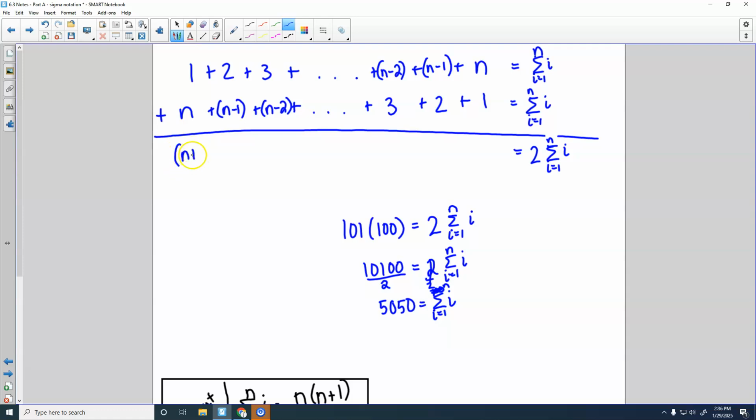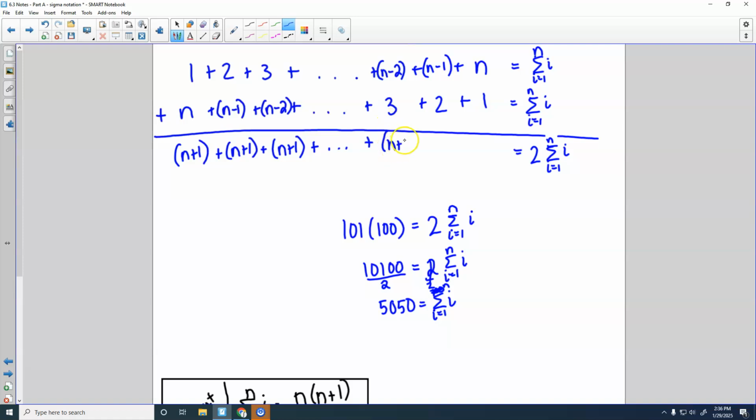I'm going to do n plus 1. What about when I add 2 and n minus 1? I got 2 plus n minus 1, and I can combine my 2 and my negative 1, which is going to still give me n plus 1. And over here, still n plus 1, dot, dot, dot.